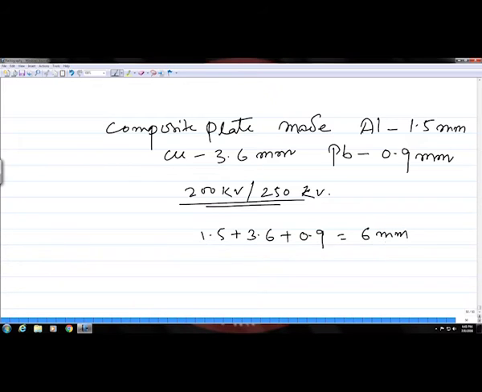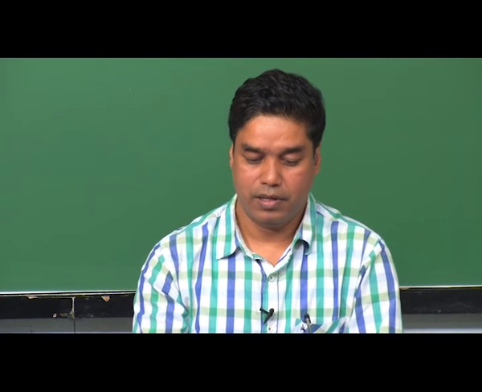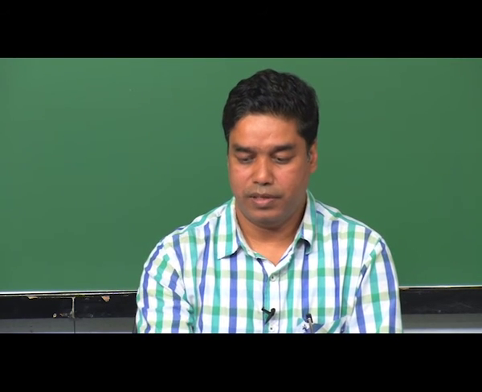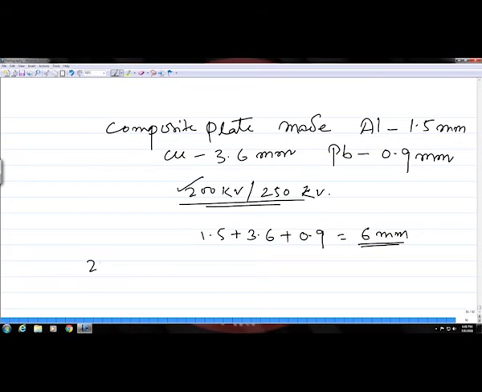So, this 6 mm thickness of this material has to be converted into an equivalent steel thickness for a given X-ray energy or tube voltage. And we have already seen what are the different conversion factors for these 3 materials at a particular tube voltage, let us say 200 kV.